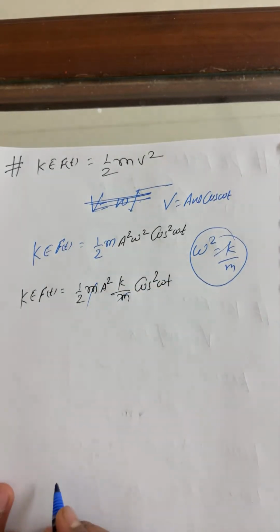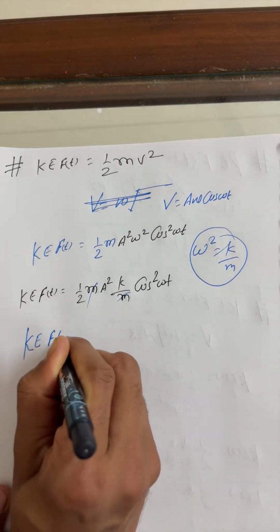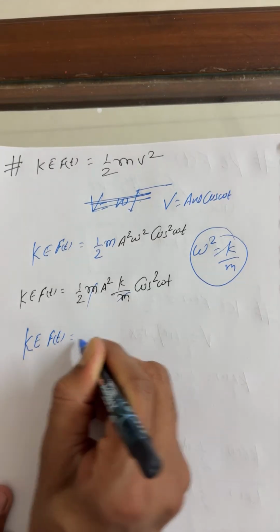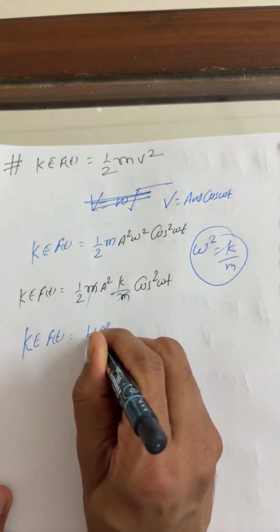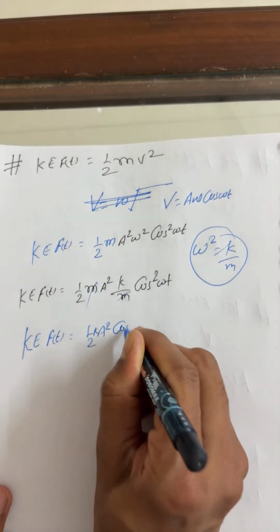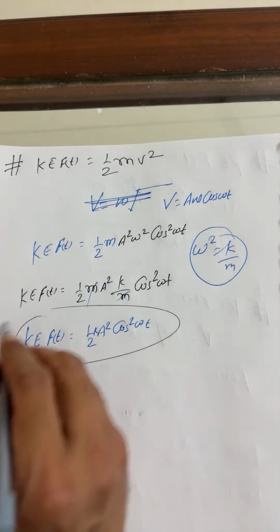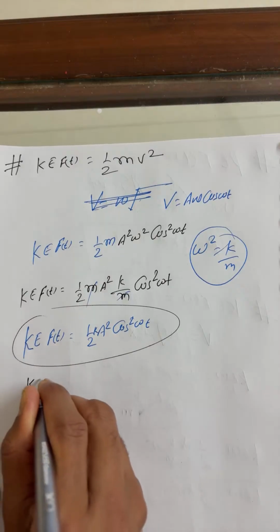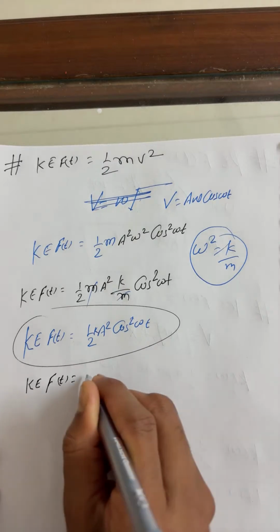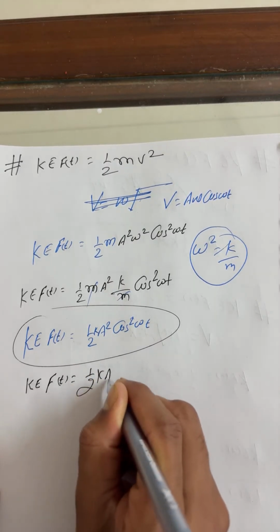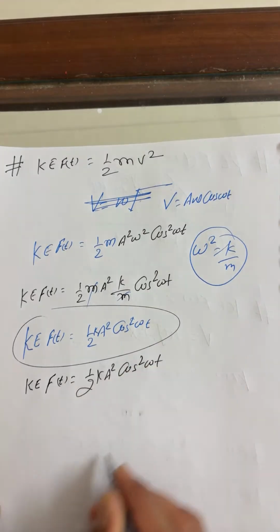So kinetic energy as a function of time t is equal to half k a squared cos squared omega t. I'll rewrite it again: kinetic energy as a function of time t is half k a squared cos squared omega t.